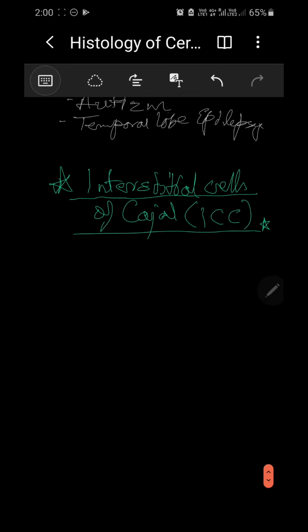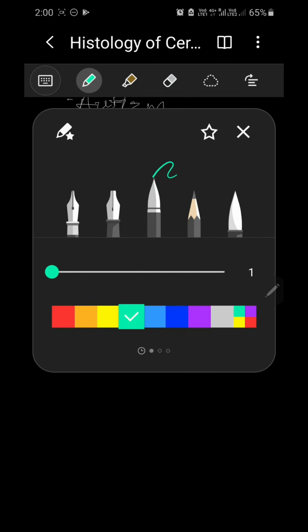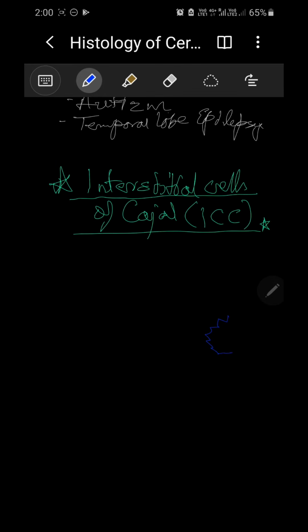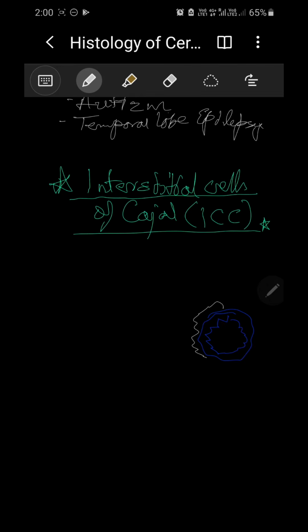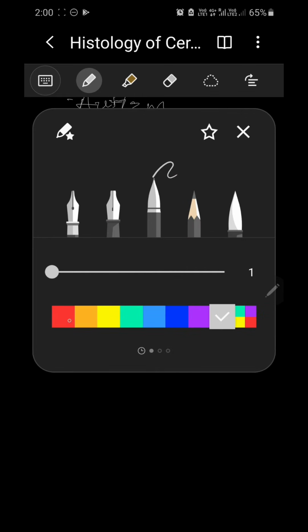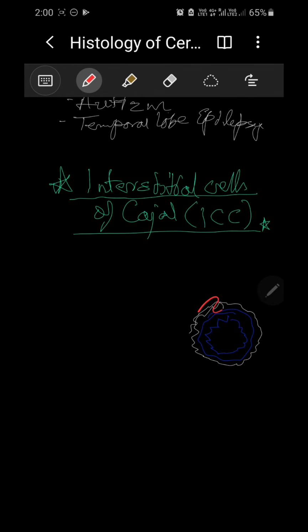So there are 3 layers in this intestine. The inner layer was the mucosal layer. Then you had the submucosa surrounding that. And what was the muscle layer? Can anybody guess? There are 2 muscle layers. One was the inner circular muscle layer. These are inner circular muscle fibers, right?